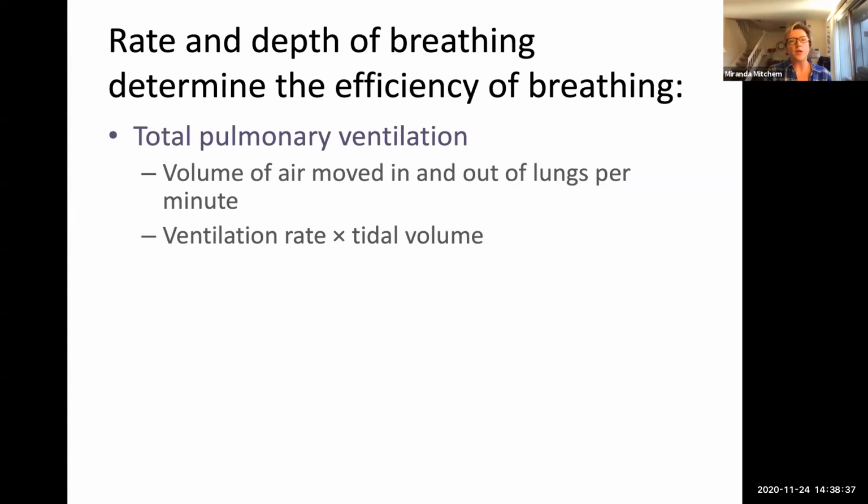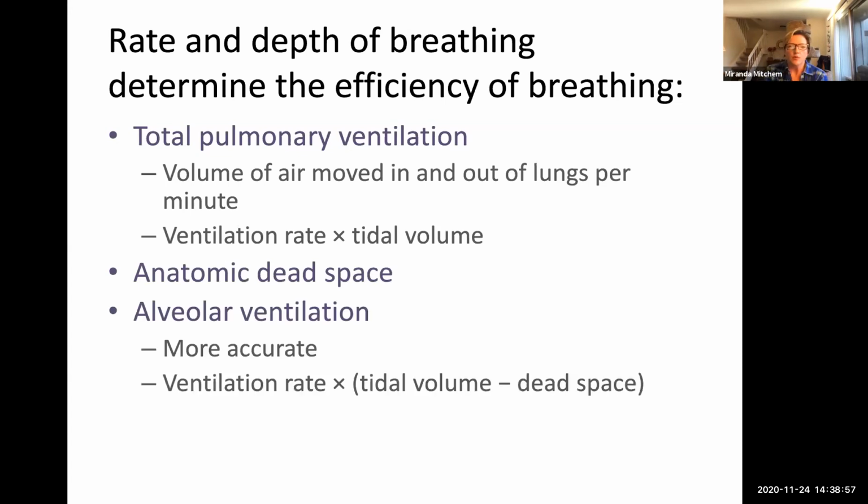So our breathing rate and how deep or shallow we breathe is tied to how well we breathe. Our total pulmonary ventilation is just the amount moved in and out in a minute. And we look at the ventilation rate and the tidal volume. But our dead space is a factor as well in determining the efficiency of breathing.